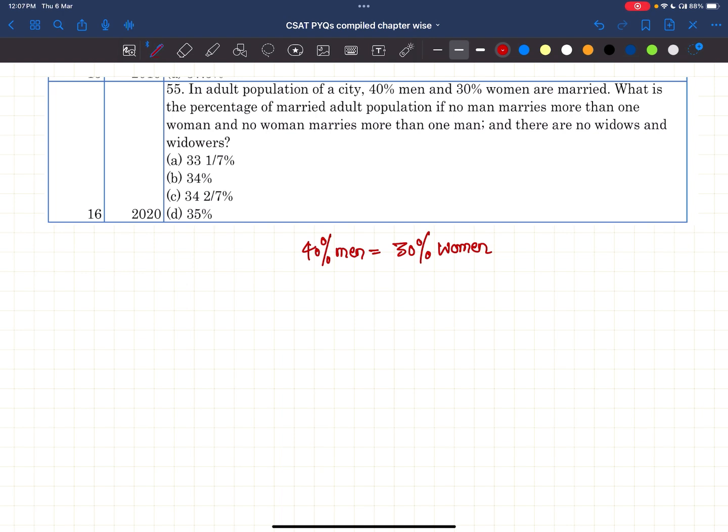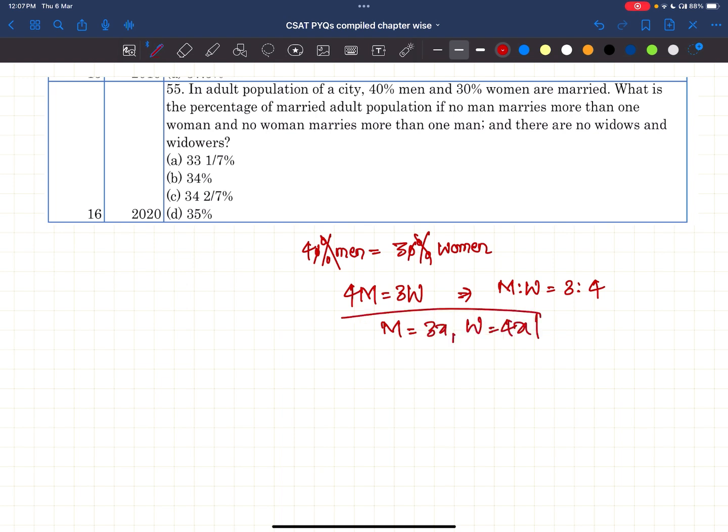Let's cancel this percentage. 4 men equals 3 women, so men is to women is 3 is to 4. I'm taking men equals 3x and women equals 4x.